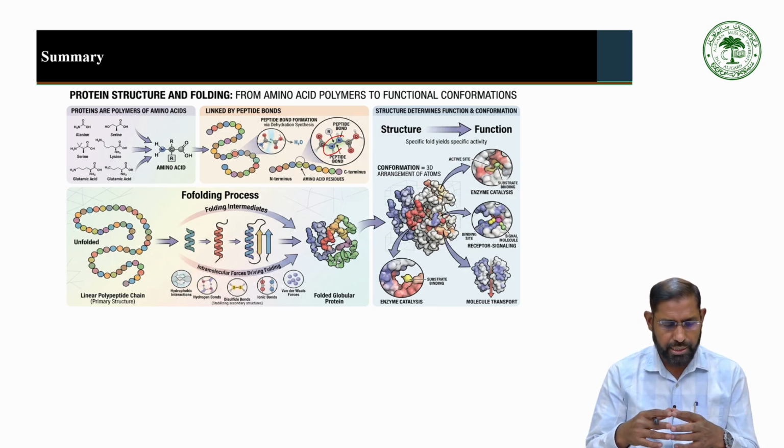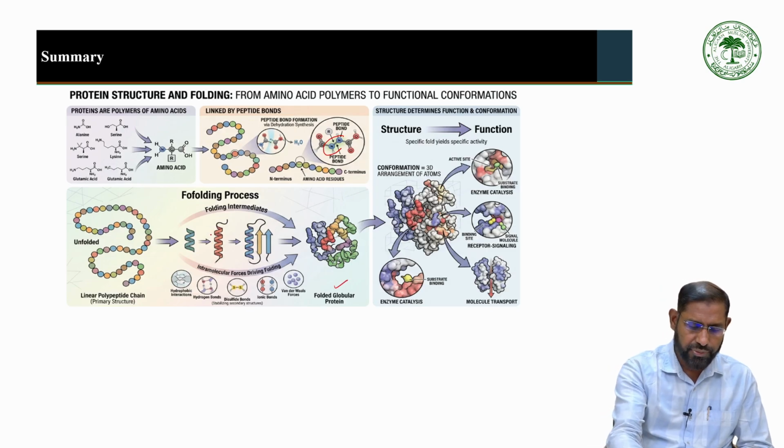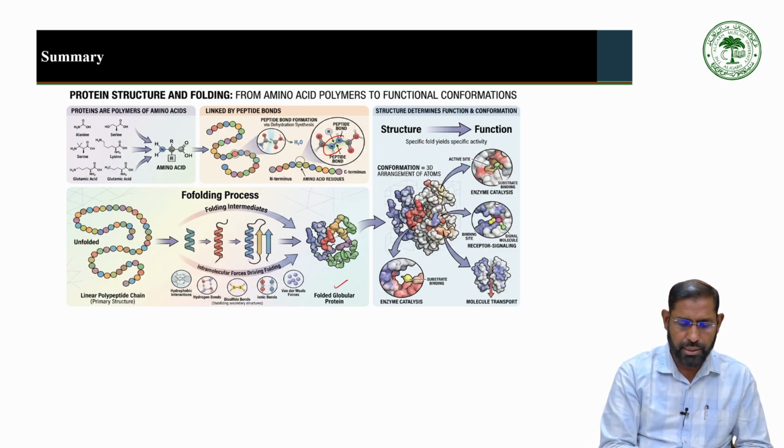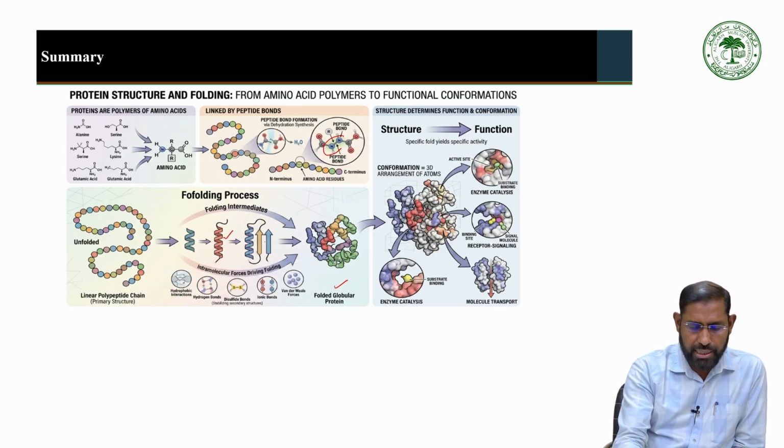And this polypeptide is unfolded in its primary structure, then it folds into different structures, different forms, like a folded globular protein, and different processes are involved in the folding. This is the alpha helical structure, then we have alpha and beta structures, and there are intramolecular forces driving folding: hydrophobic interactions, hydrogen bonds, disulfide bonds, ionic bonds, and van der Waals forces.